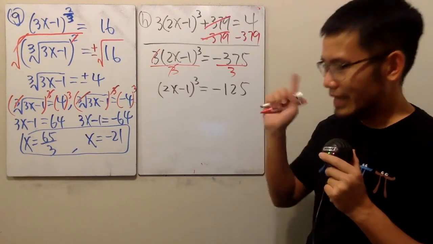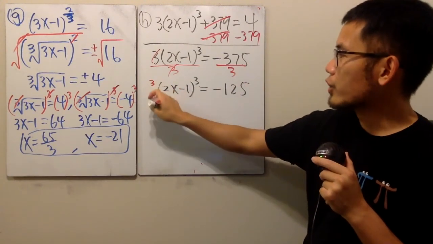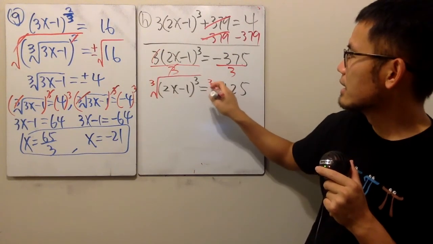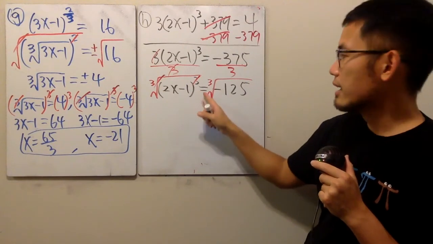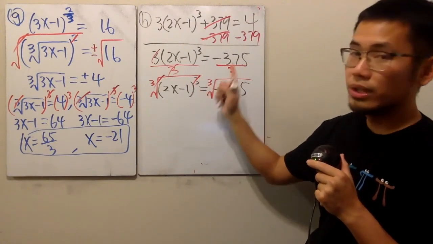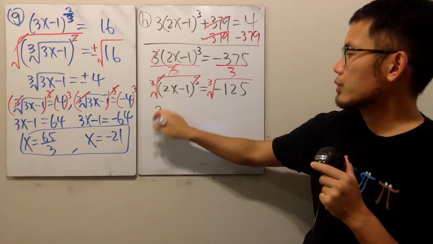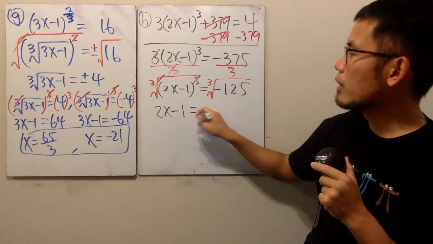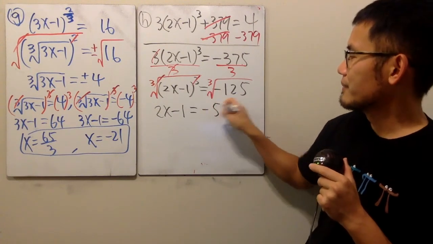Yes, we do, and we have to. So go ahead and continue. To do so, we take the cube root on both sides, so that this and that cancel. And when you do the cube root, you do not need to put the plus or minus, right? Here, 2x minus 1 equals the cube root of negative 125, which is negative 5.